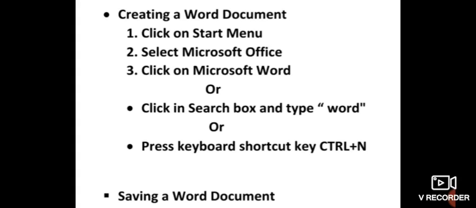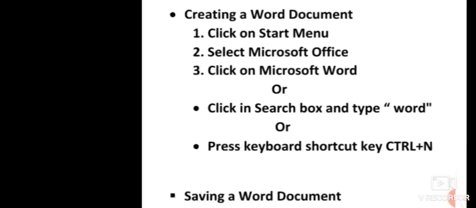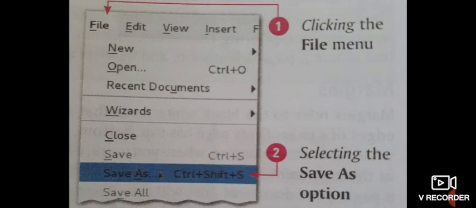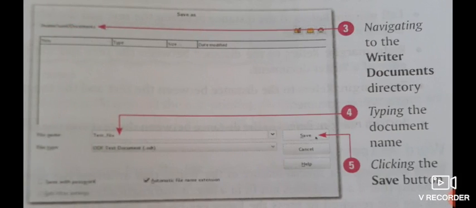Saving a Word document. To save a Word document, first we have to click on File menu as shown in the video. After that we have to click on Save as option. As we click on Save as option, Save as dialog box will appear. Now first we have to select the location, as shown here in the video, marked with step 3.